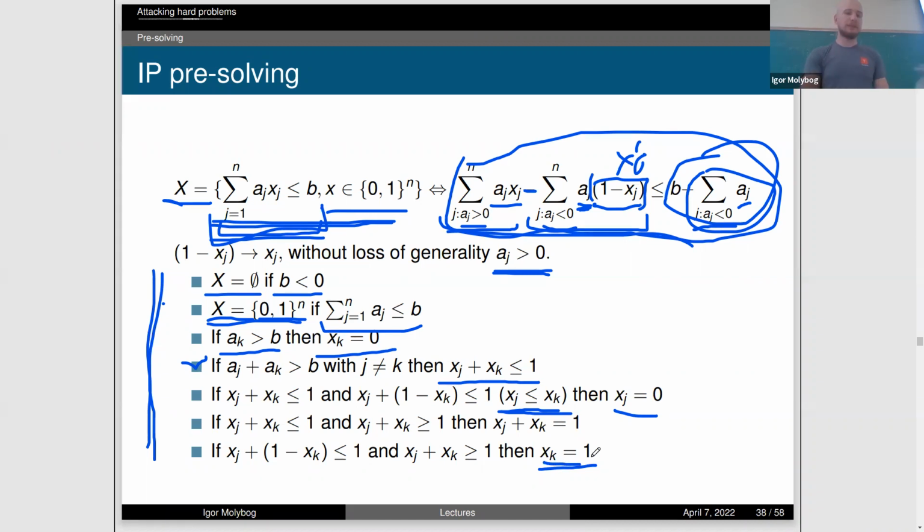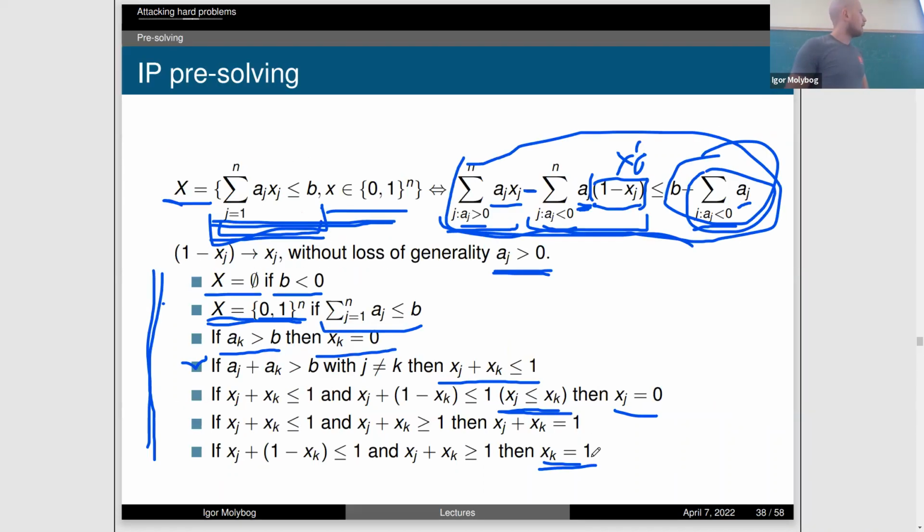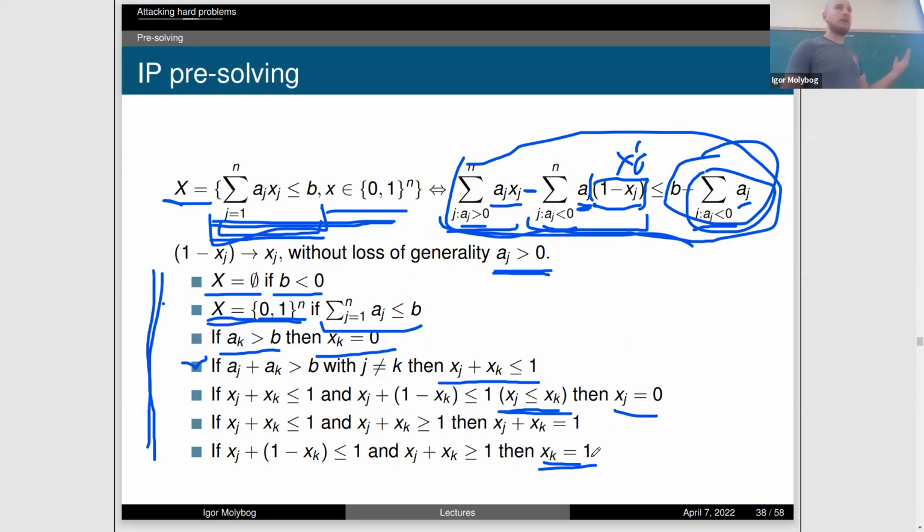So basically this is a set of pretty simple rules that formalize what we have done before, and being able to apply all of these rules systematically to a very large set of constraints can lead to a very good outcome. Okay, so this is the very simple way of doing pre-solving. Are there any questions here?